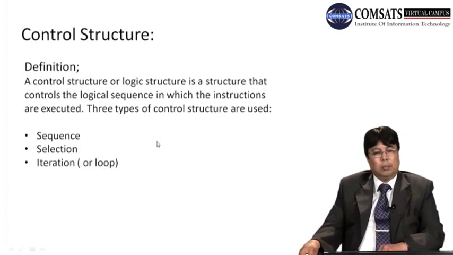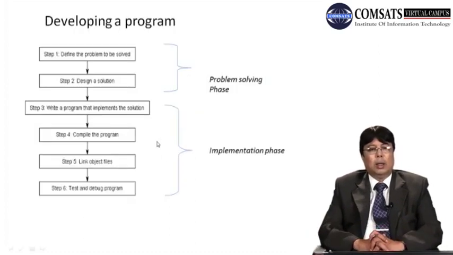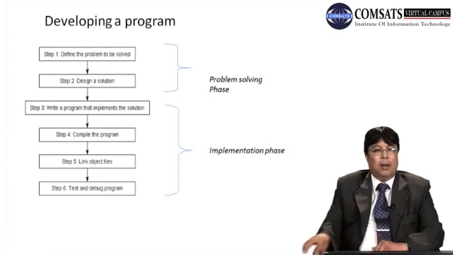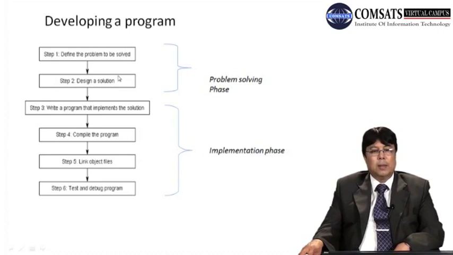So coming back to our same developing a program, 6 steps of developing a program. We have already discussed first 2, problem solving phase. Now I would like to talk about the remaining 4 phases, which is called implementation phase.